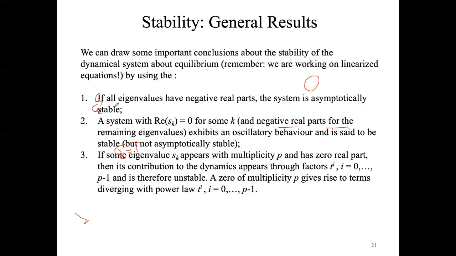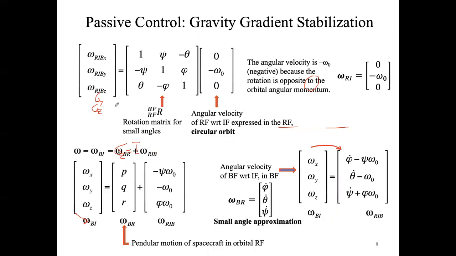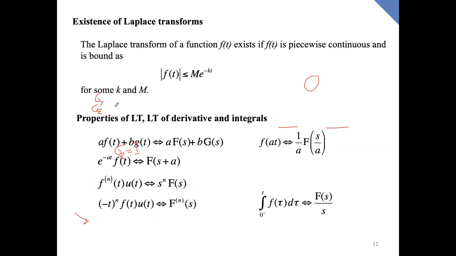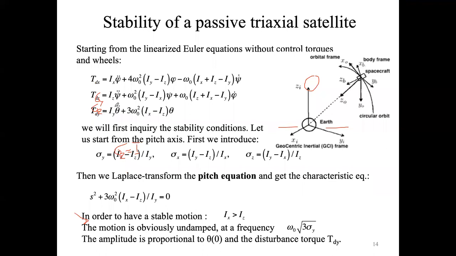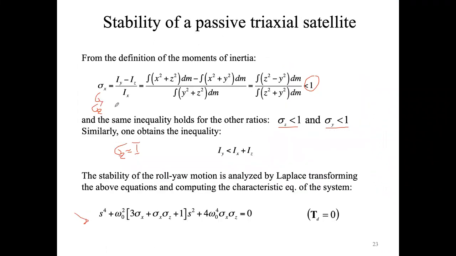So let me go back just to see if the signs are correct. Yes, it's Iy minus Ix divided by I zeta. As I said, this is easily demonstrated to be less than 1.